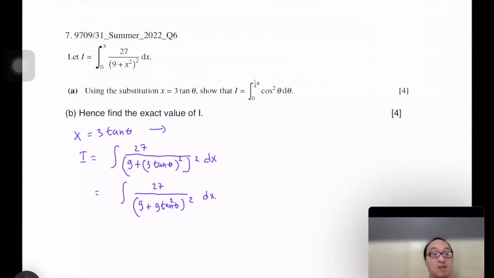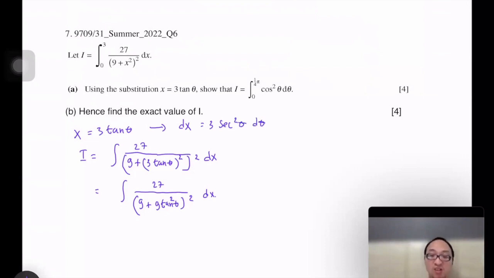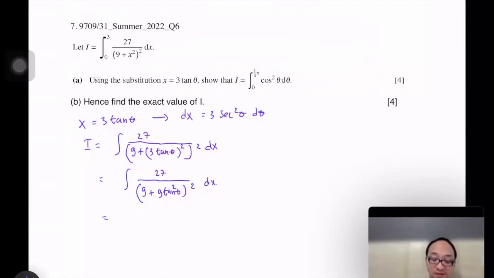From x equals 3 tangent theta, the derivative of x is 3 secant square theta d theta. So we can substitute the dx. So this is 27, which is going to be simplified, over 9 plus 9, 1 plus tangent square theta, squared.